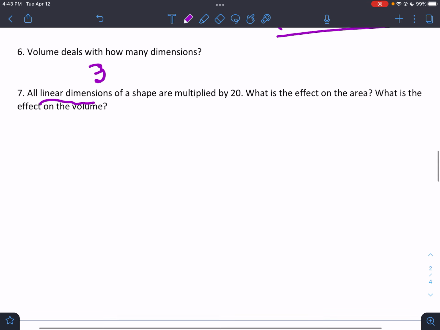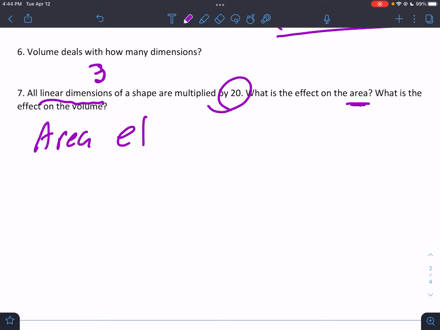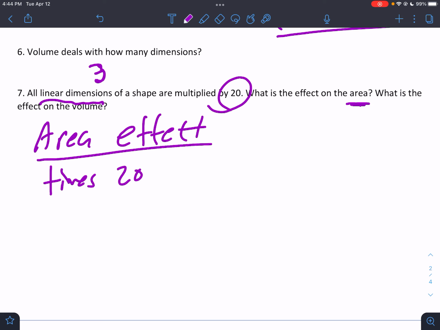If all linear dimensions, how many of them are there? 3. Are multiplied by 20, what's the effect on the area? Well, how many dimensions is area? I just said that. It's 2. So the area effect would be times 20 squared, which is 400.